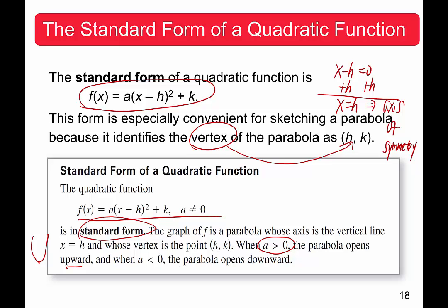When a is less than 0, the parabola opens downward, and the vertex is the maximum. And again, in terms of coordinates, the coordinate for the vertex is (h, k). And the axis of symmetry is x equal h.